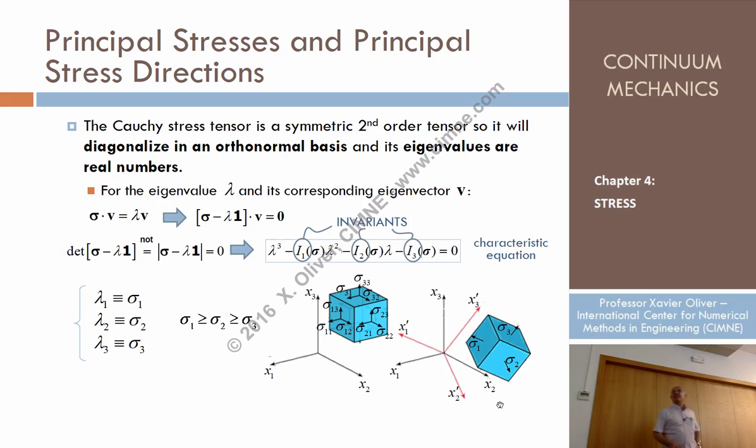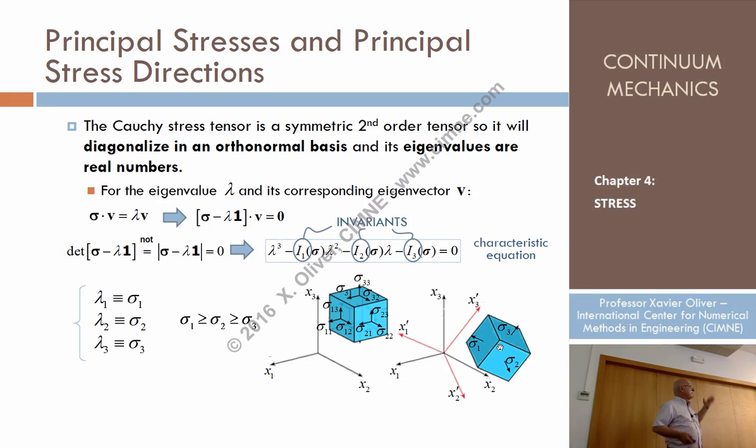Then we say that the stress state I'm dealing with is spherical, and also hydrostatic. Why the name hydrostatic? You know what hydrostatic means? Fluid at rest. And in a fluid at rest, in all situations, this is what happens with the stress state. That is where the name hydrostatic comes from.